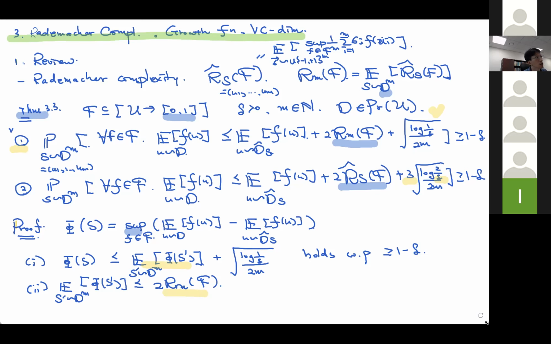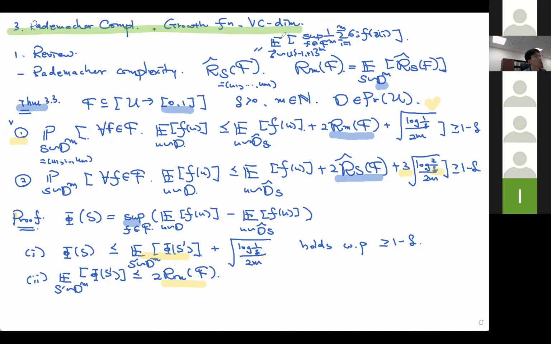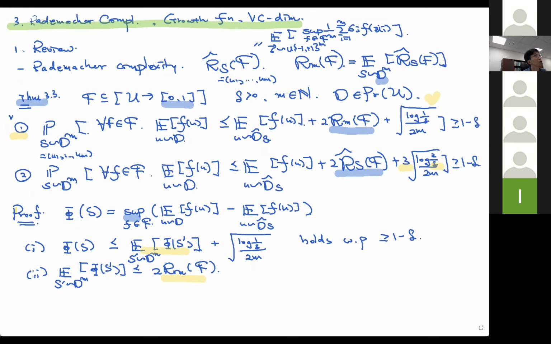Now, how can we get the second one? For the second, we're going to use something very similar. The change is that we essentially repeat the proof in number 1, but instead of with probability delta, we do it with probability delta over 2.